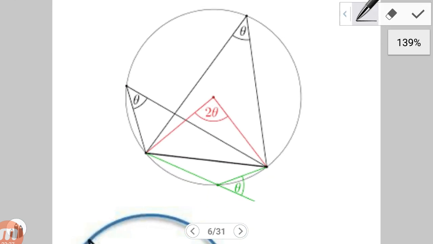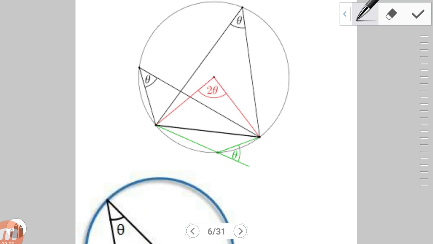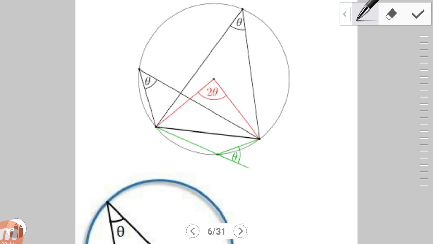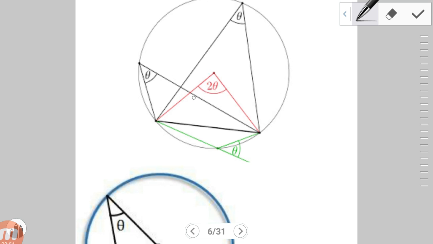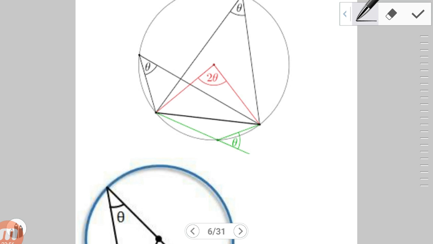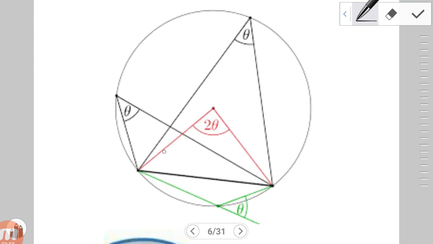Let's look at an actual demonstration in an actual diagram. Have a look at the angle that is marked by the symbol 2 theta. 2 theta is the angle at the center. You can almost say this theta here is above the 2 theta, so in this instance they are equal.